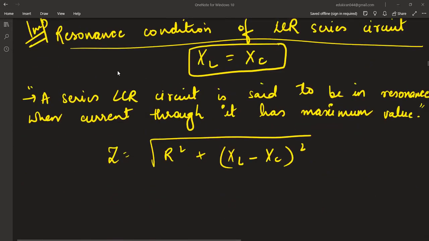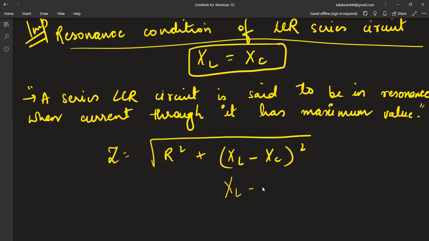The resonance condition of an LCR series circuit means basically your inductive reactance and capacitive reactance both are equal in magnitude. Also, you get the maximum value of current, because the impedance decreases. See, this is the formula.